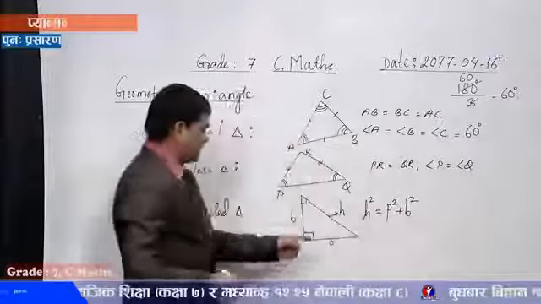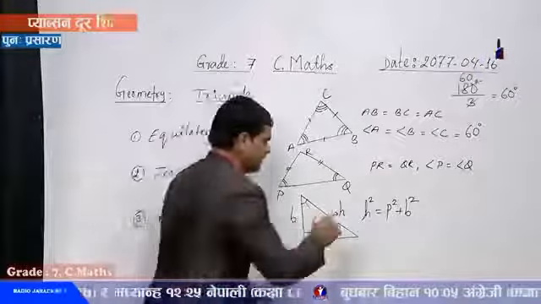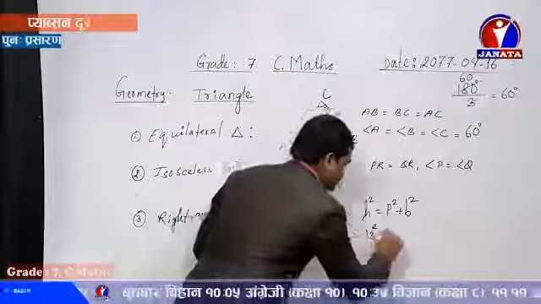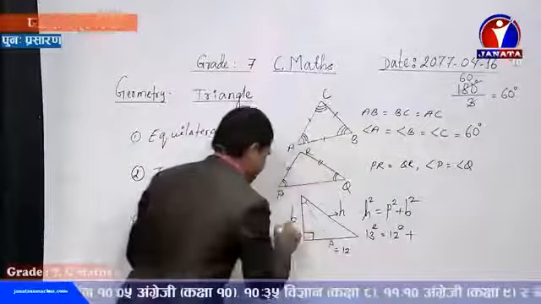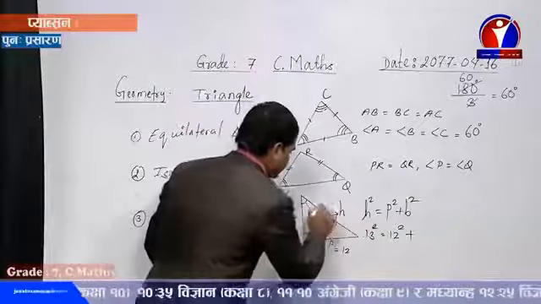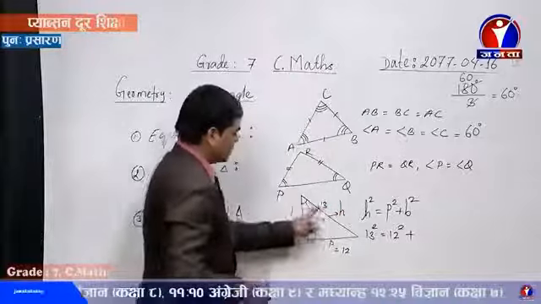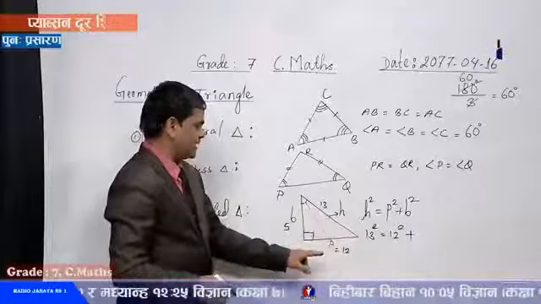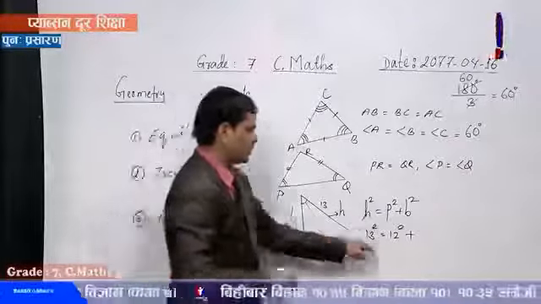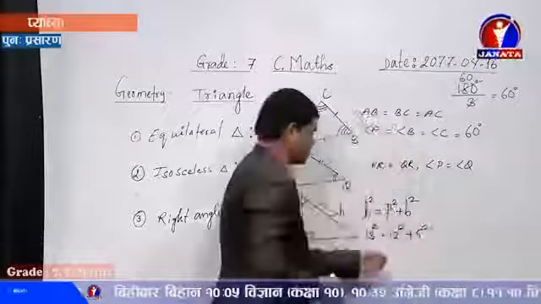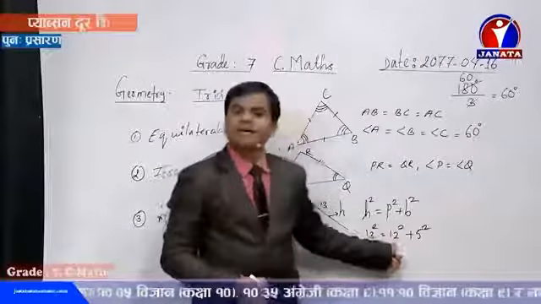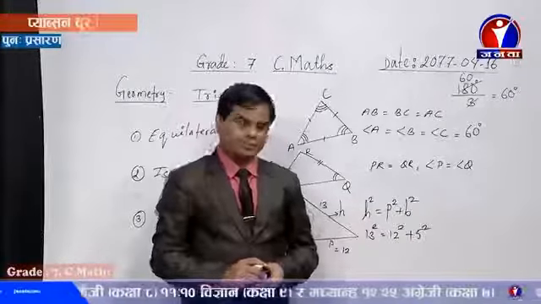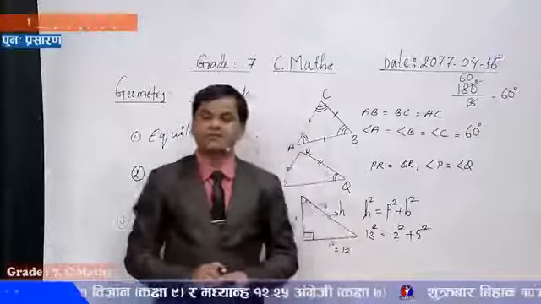For example, if the hypotenuse is 13 centimeter, and this one is 12 centimeter and this one is 5 centimeter, then 13 square equals 12 square plus 5 square, whatever the unit used. That means the sum of the squares of the perpendicular and base exactly equals the square of the hypotenuse. That theorem is known as Pythagoras theorem.